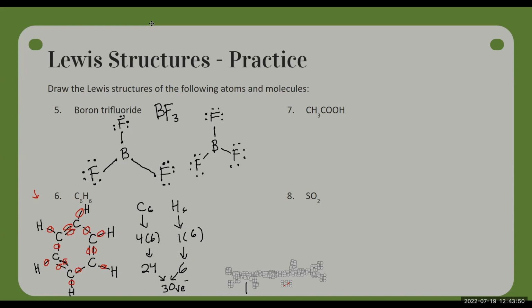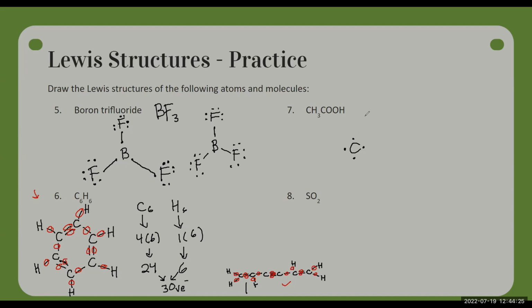All right, so we're going to draw the structure of acetic acid. So what we have here is, I like to usually put carbon as the central atom. So I can draw carbon right here. And then carbon is going to have a total of 4 valence electrons. So we can do 1, 2, 3, and then 4. And then what I like to do is draw in the oxygens.